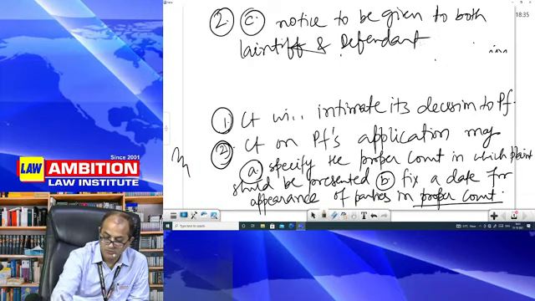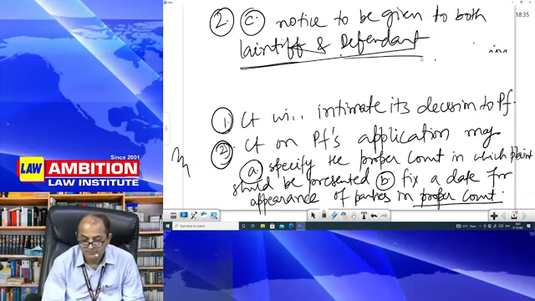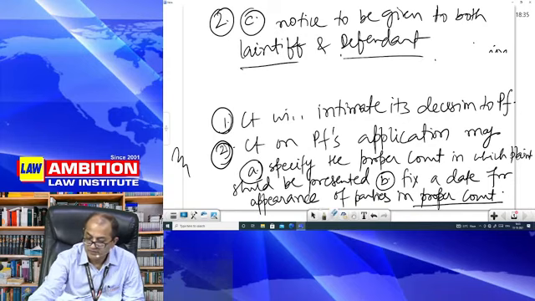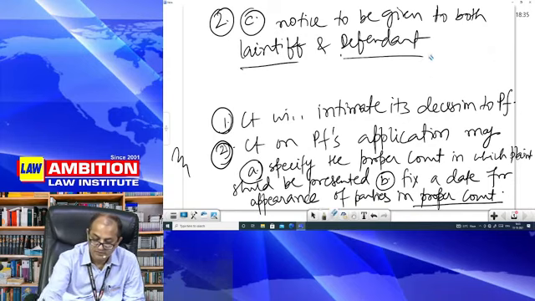Notice to be given to both plaintiff and defendant. Is this clear?